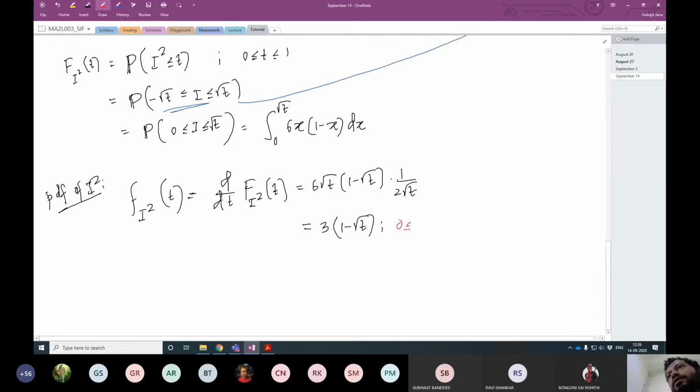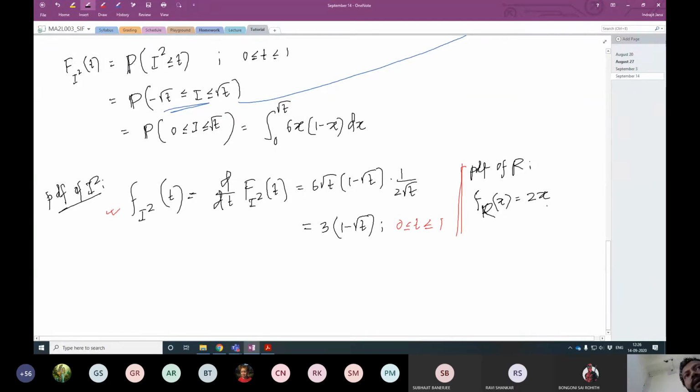for 0 less than or equal to t less than or equal to 1. The PDF of R was already given in the problem, which was 2x when 0 is less than or equal to x less than or equal to 1.